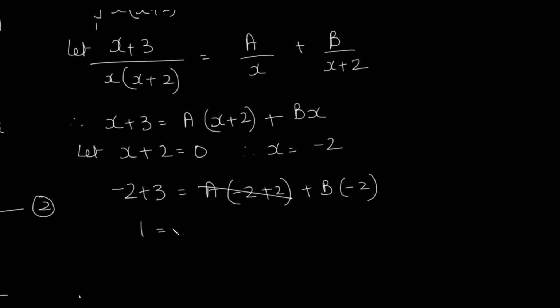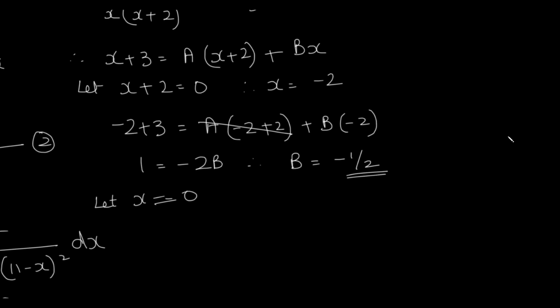So we get 1 is equal to minus 2b, and therefore b is equal to minus 1 upon 2. So thus we got the answer for b. Now let the other term is x. Let x is equal to 0. And therefore this particular term becomes now 0 plus 3.